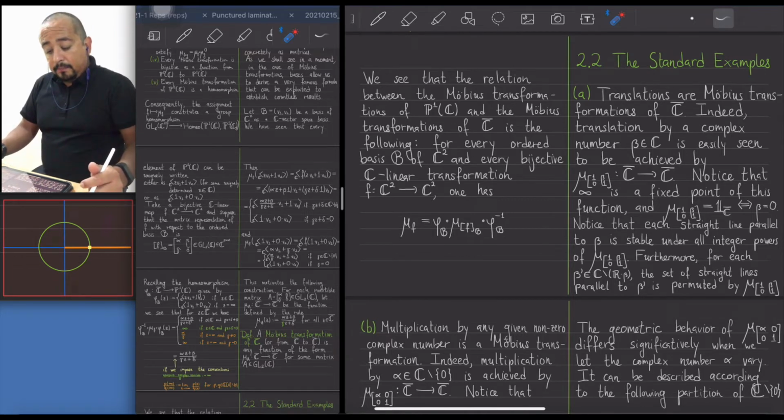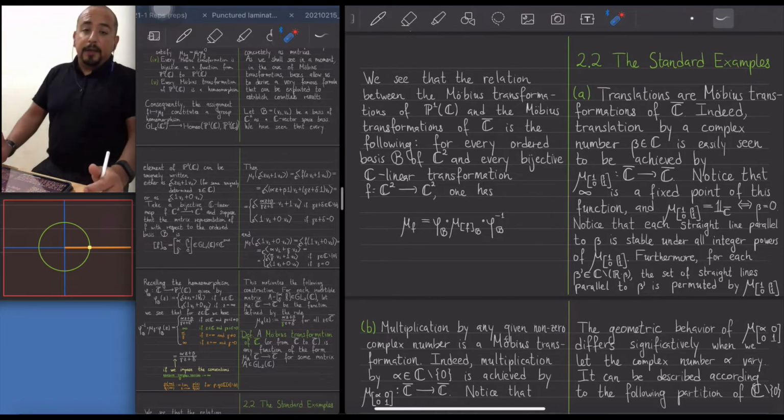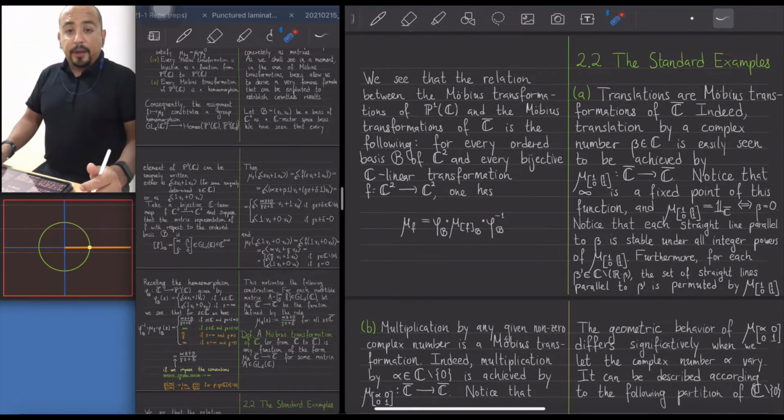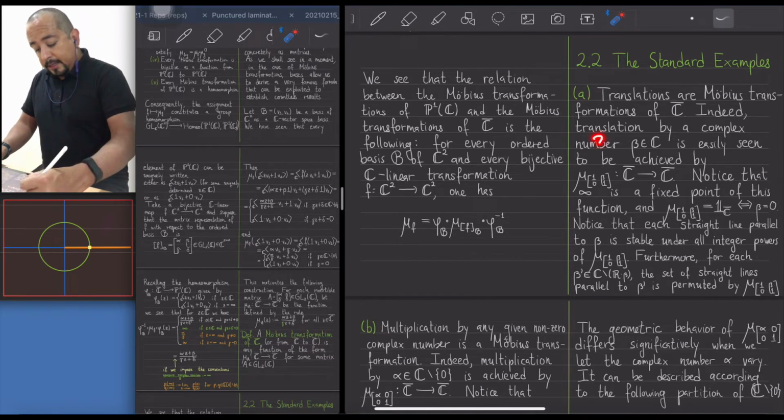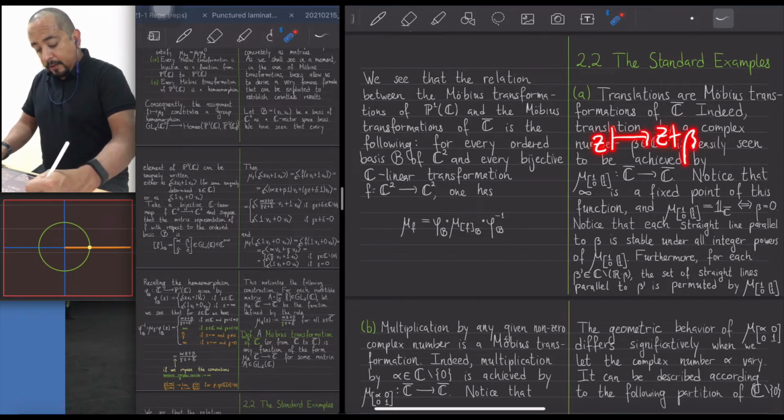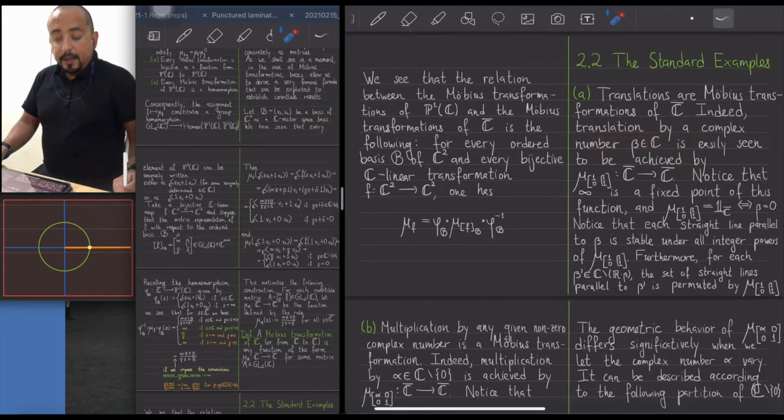So one of the most obvious ones are translations. Take a complex number beta, and think of it as a vector along which you want to translate. It sends a complex number z to z plus beta. That's the correspondence rule of this function. Of course the first question is, is this really a Möbius transformation?